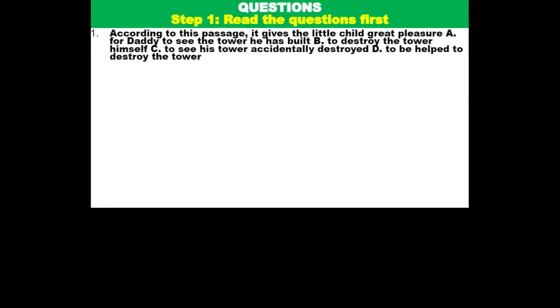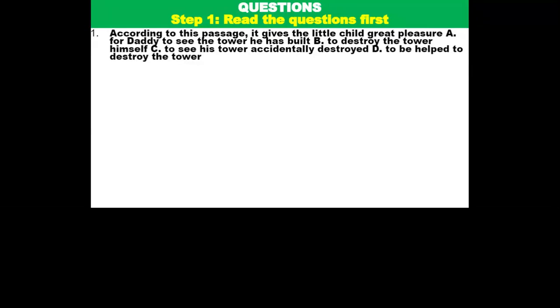Step number 1, read the questions first. And so the following are the questions. Question number 1, according to this passage, it gives the little child great pleasure. A, for daddy to see the tower he has built. B, to destroy the tower himself.